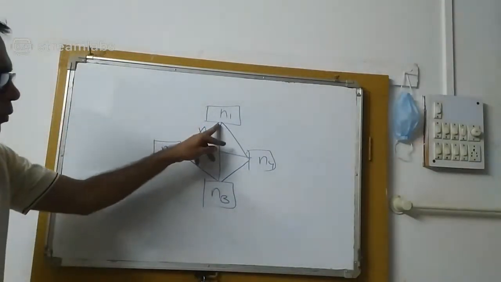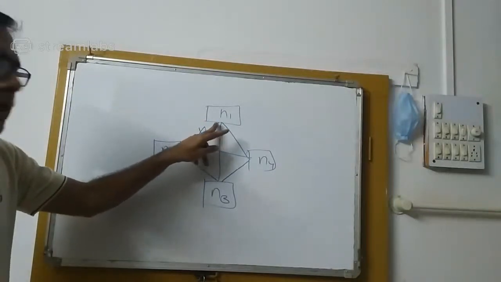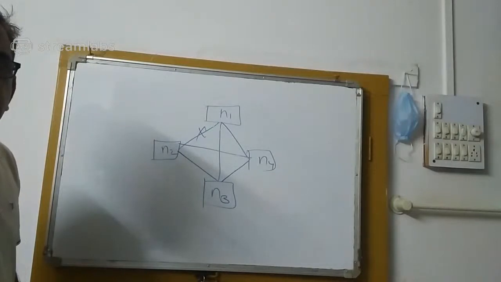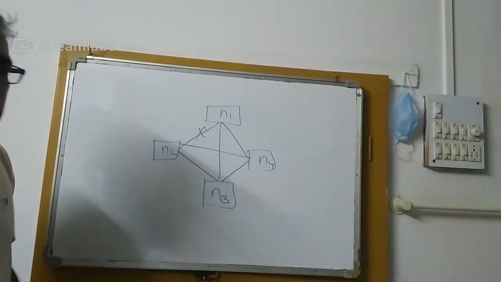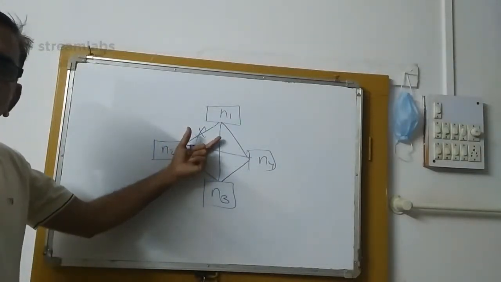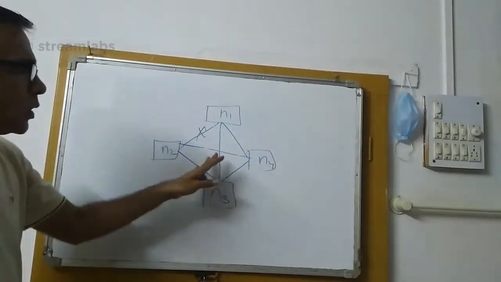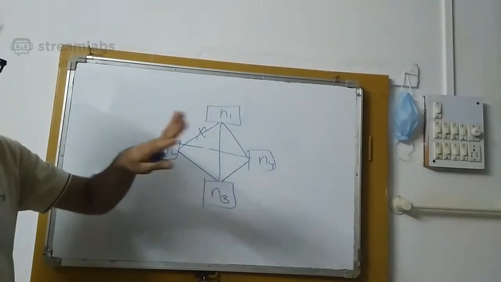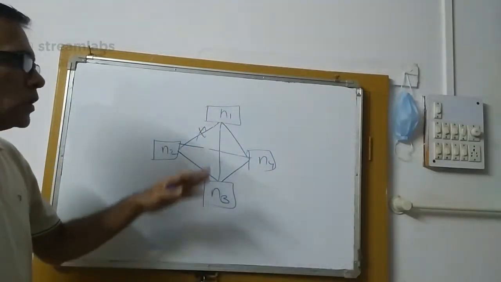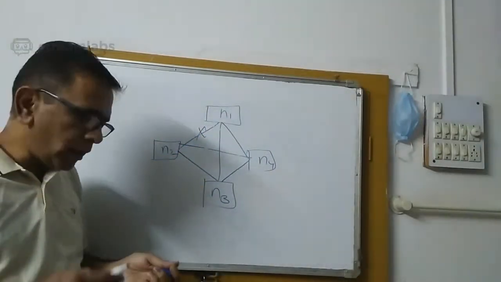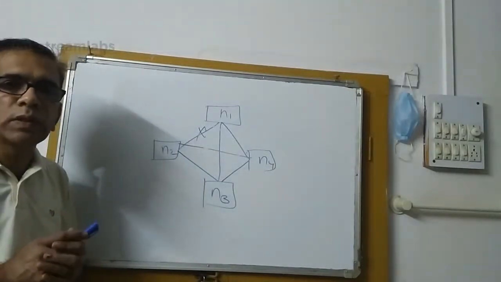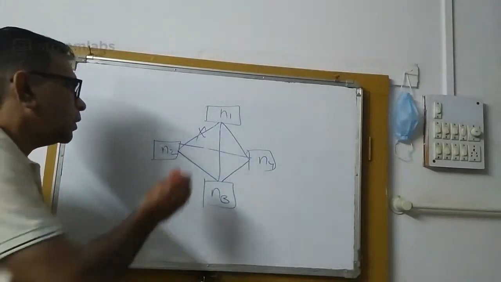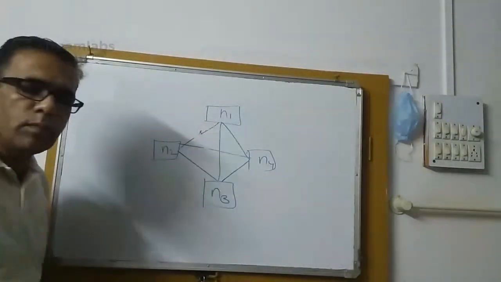Only the communication between those two nodes gets disconnected, whereas the system still functions. It is more secure and more robust in nature because failure of one or two links will not affect the whole system. Only those few nodes will be affected by these failures. So the whole network is still functioning.